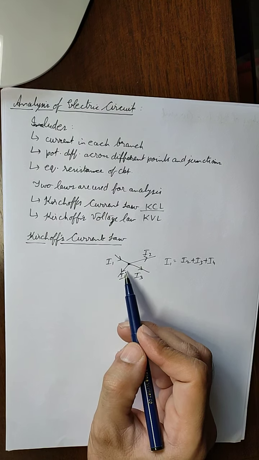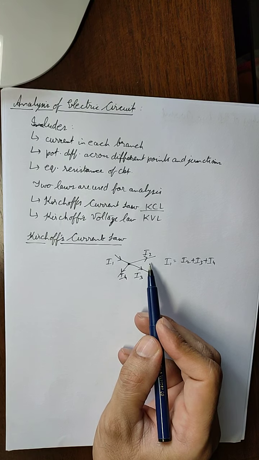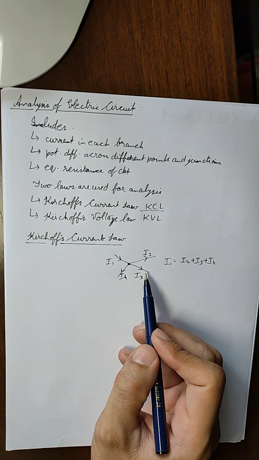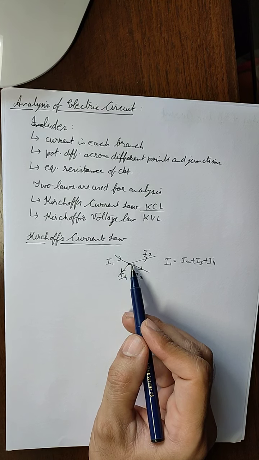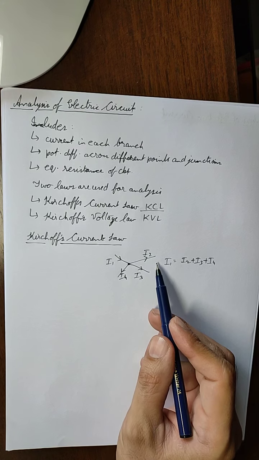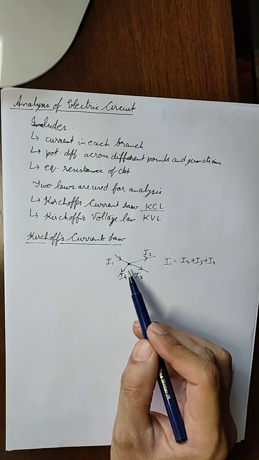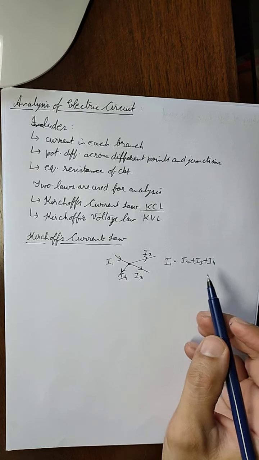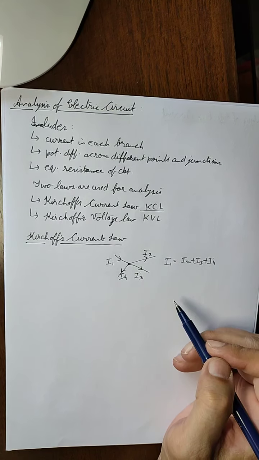So the current in the three branches will be going outward, and by the conservation of charge, the inward charge should be equal to the outward charge. Similarly, inward current should be equal to the outward going current. So by using this, we can write this equation.